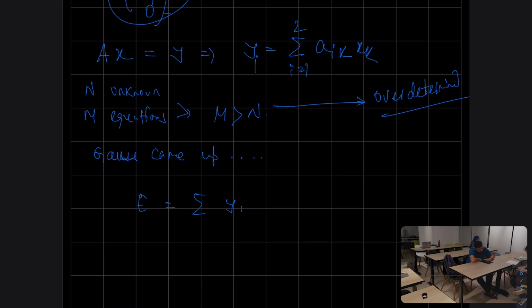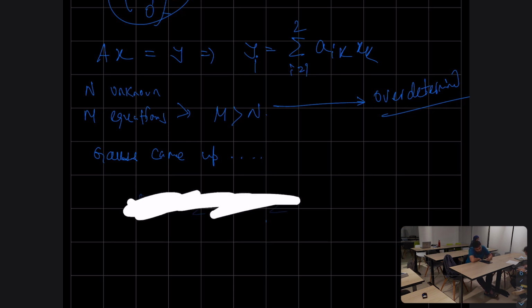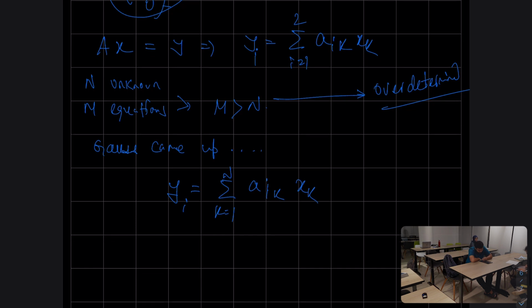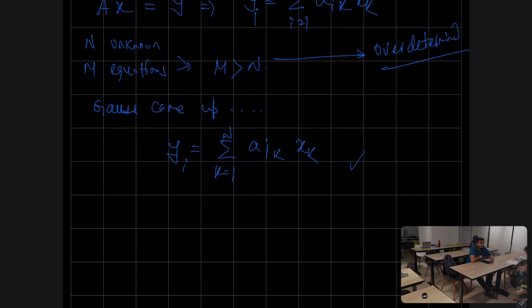Let us restate the problem. Let me cast it as a general problem, not just 2 variables but n variables. So yi for k equal to 1 to n are my unknown variables and sum of a_ik x_k. Okay, so Gauss came up and he said okay, this is true, then let's consider some error.